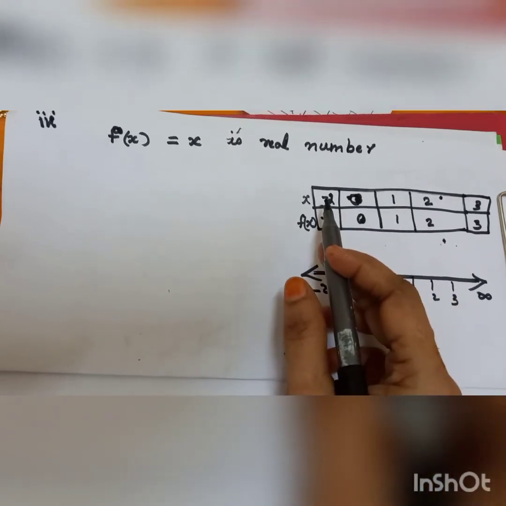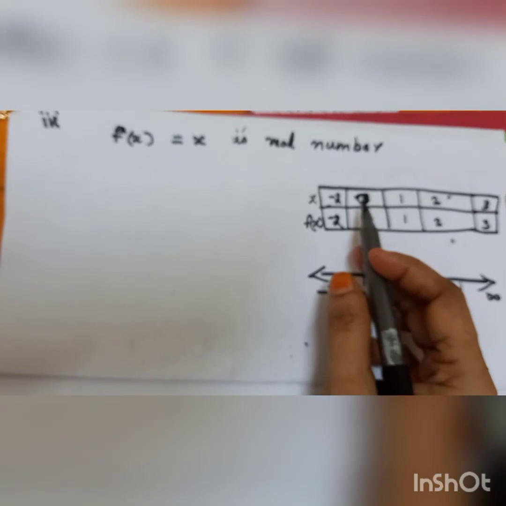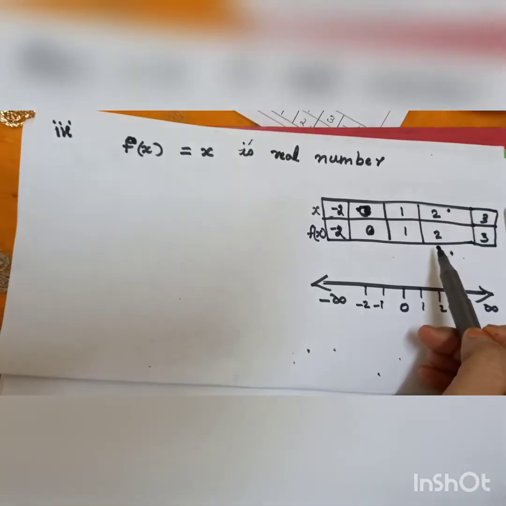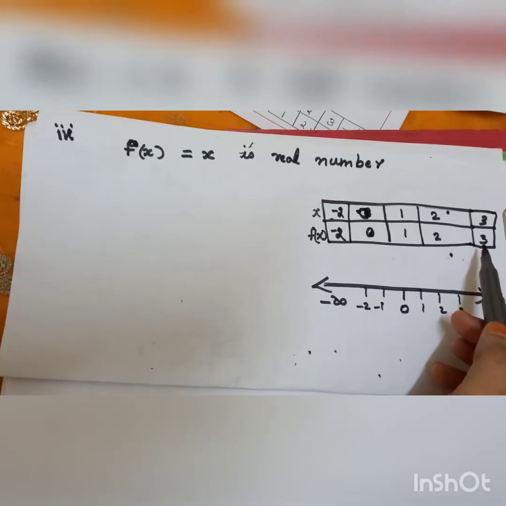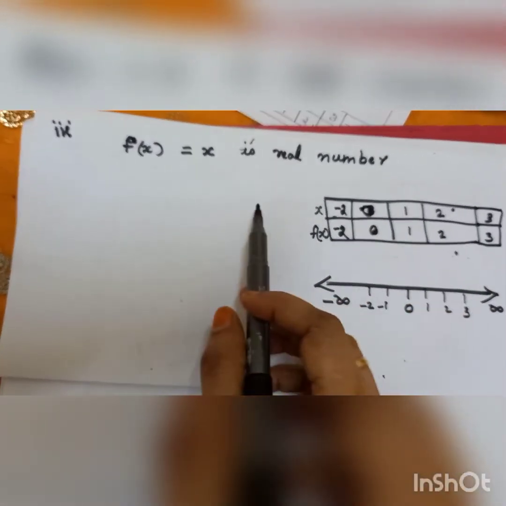Minus 2 put, minus 2 we get. 0 put, 0 we get. 1 put, 1 we get. 2 put, 2. 3 put, 3. So we get all the numbers like this.